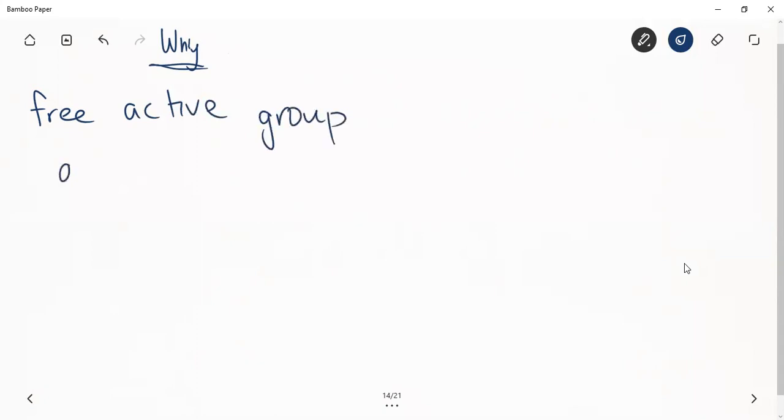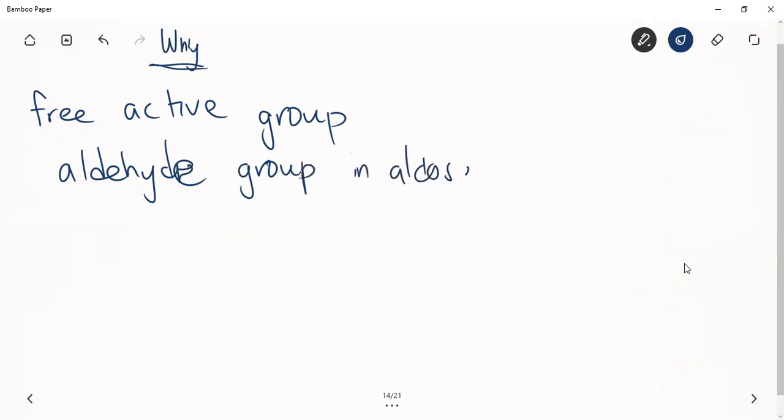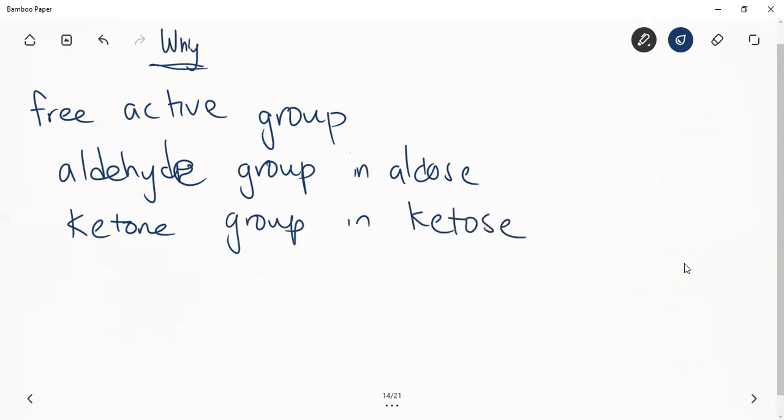For an aldose, it's an aldehyde group, and for a keto sugar or ketose, it's a ketone group. So any sugar which has a free aldehyde group or ketone group is a reducing agent. Now all monosaccharides, of course, are not in a bond, so they have a free aldehyde group or a free ketone group.